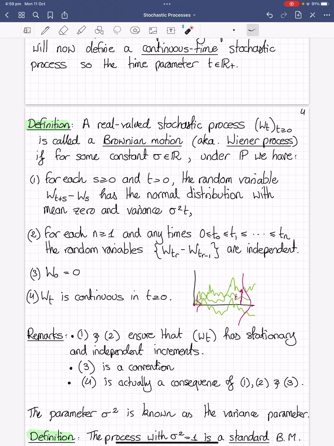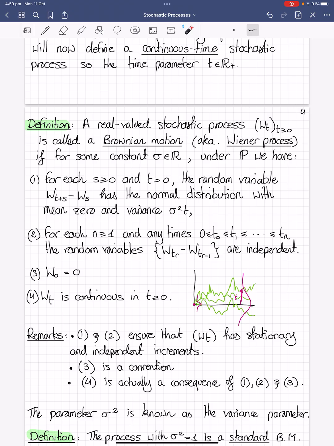And property 4, that the paths are continuous in time, is actually an important one. In fact, the definition given by just the first two properties is in some sense the definition that Einstein used when he was doing his physics calculations.